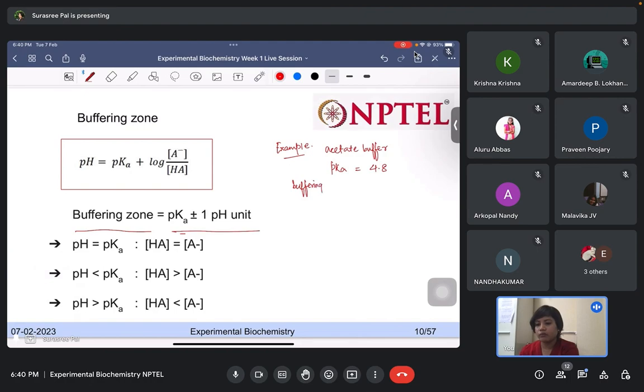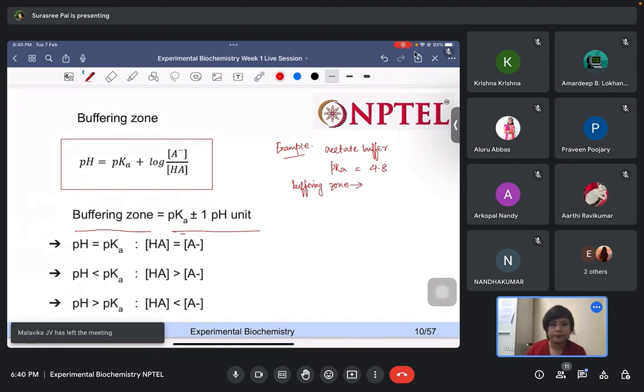Can anyone tell me what will be the buffering zone, or the buffering range, of the acetate buffer? The buffering zone is pK plus minus 1 pH unit. So greater than 1 from pK and less than 1 from pK.